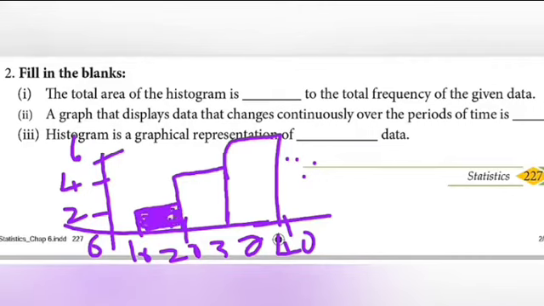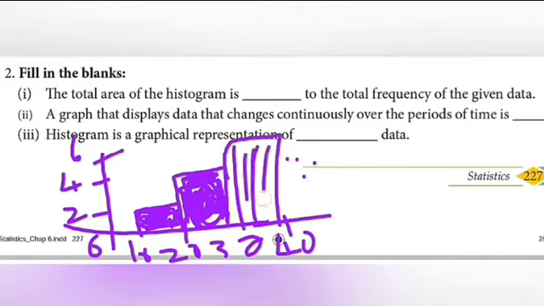Then listen, the total area of the histogram is made of the class intervals 10, 20, 30, 40 which have been taken there. Now we form it. These are the areas, 10 to 20 we are having, and this is the y-axis.